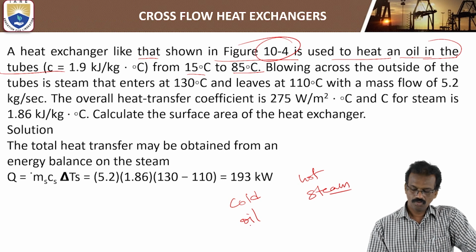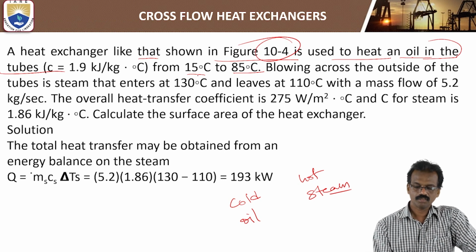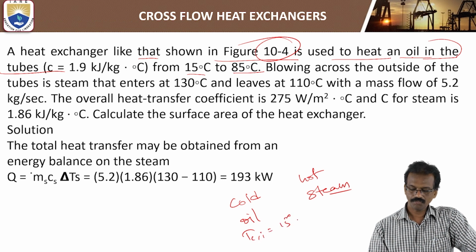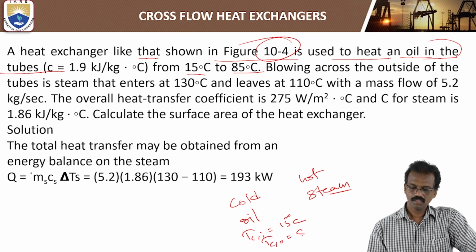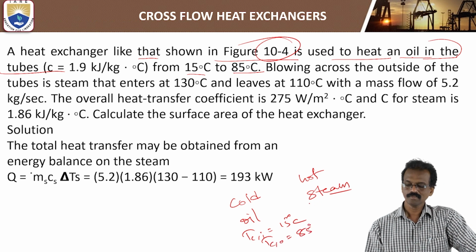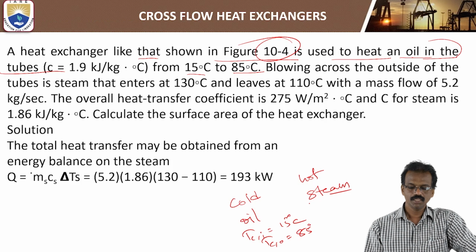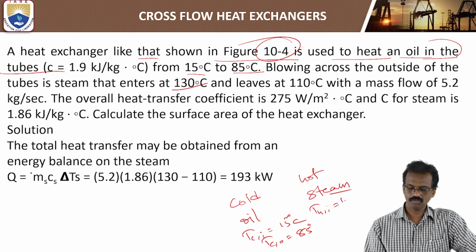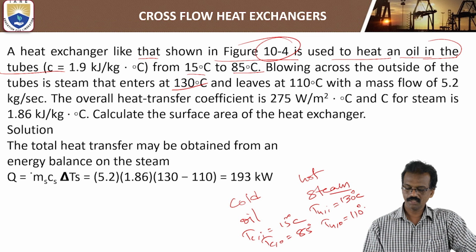So cold fluid parameters are given. Cold fluid inlet TCI is equal to 15 degrees Celsius and TCO is equal to 85 degrees Celsius. Steam parameters: steam enters, it means THI is equal to 130 degrees Celsius and THO is equal to 110 degrees Celsius.